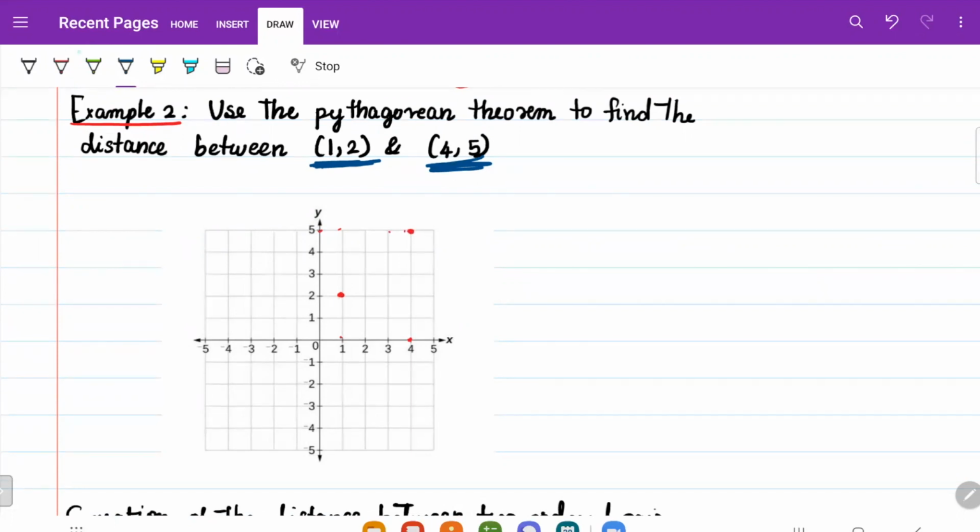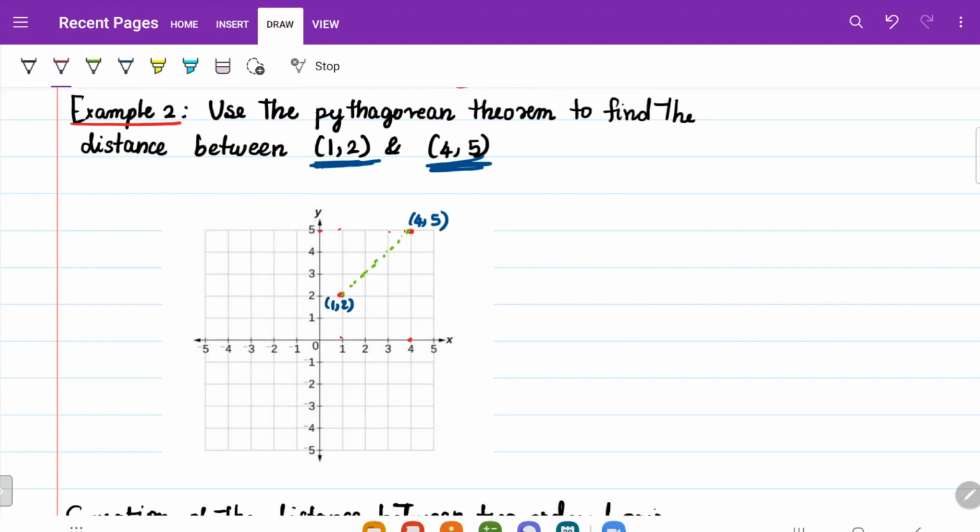Let me write them down here. So this is 1, 2, and this is 4, 5. We are now looking for the distance here.